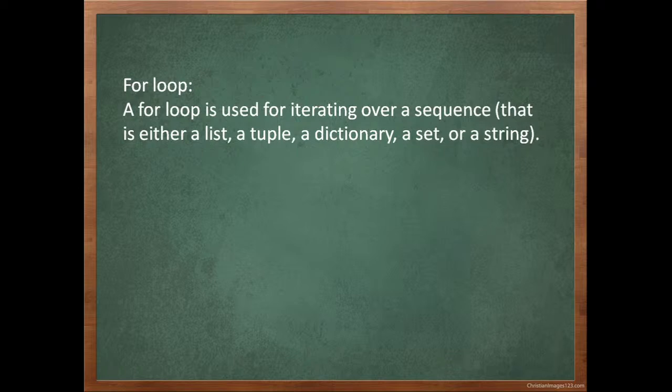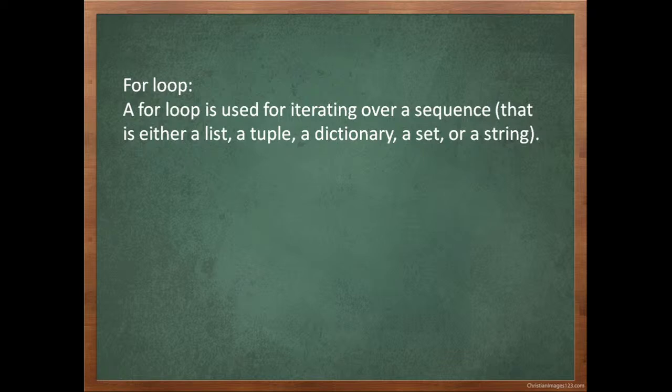It is either a list, a tuple, a dictionary, a set, or a string. These all are sequences, having different types of data types. We can create lists, tuples, and dictionaries with different types of data type values. We can use this for loop for iterating numerous number of times.